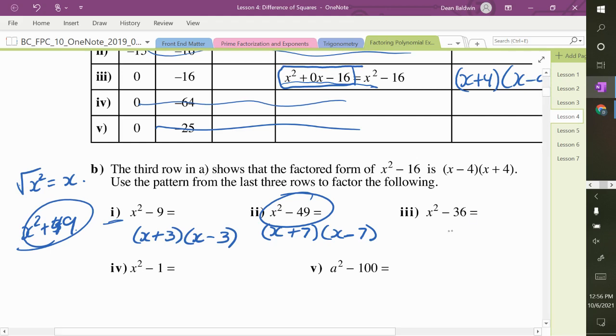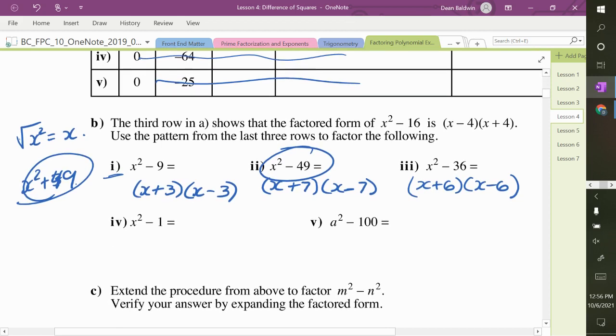So what about this one? What would it factor to? x plus 6, x minus 6. What about the next one? a plus 10, a minus 10.